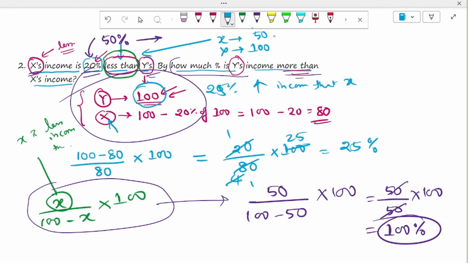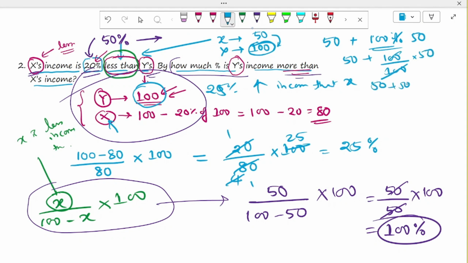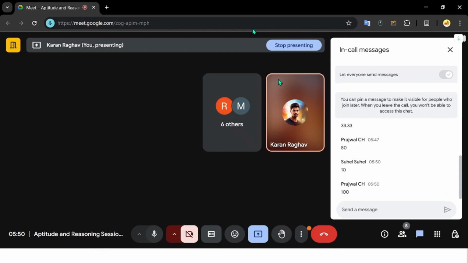Then if you are comparing these both, there is a 100% increase in this one. 50 plus 100% of 50. How much is it? 50 plus 100% of 50 is what? 100 divided by 100 into 50. So this cancels. So 50 plus 50 is equal to 100. This 100 will be the income of Y. I hope you got this question.